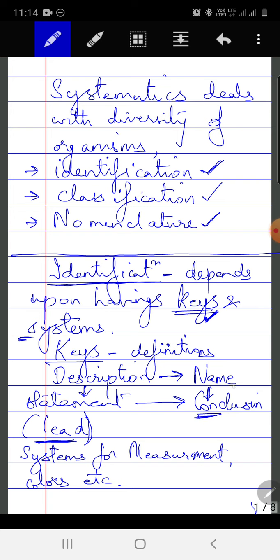It is basically a name. The description of the pen is the lead. Now the combination of the lead and the conclusion, this set is known as the T. Okay, correct? Now this is identification.